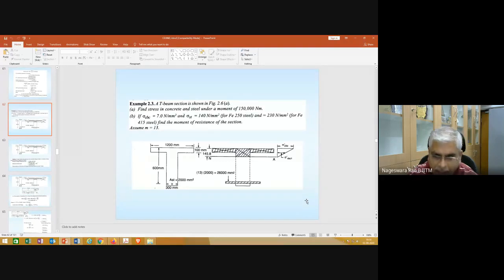Yesterday I explained other types of sections, not necessarily the rectangular section: a trapezoidal section, and also a rectangular section in which some portion of the concrete is not there. Irrespective of whatever section, you use these basic concepts. Let me emphasize those points once again.